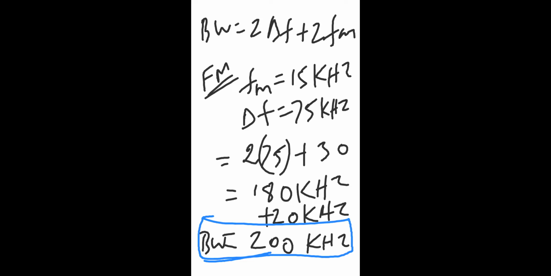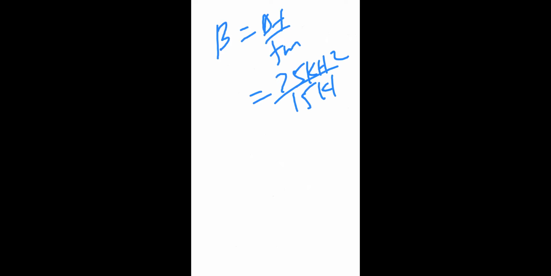Then what is the modulation index in this case? In case of commercial FM, the modulation index beta is equal to del f divided by fm. Del f I have taken as 75 kilohertz, fm is 15 kilohertz. Then what is beta? Beta is 5.